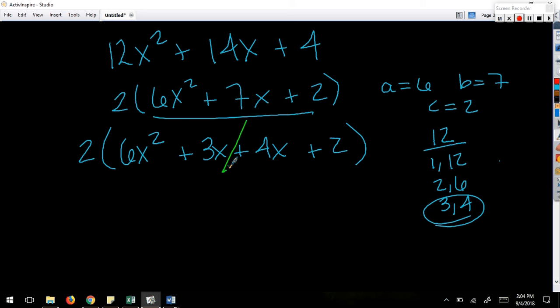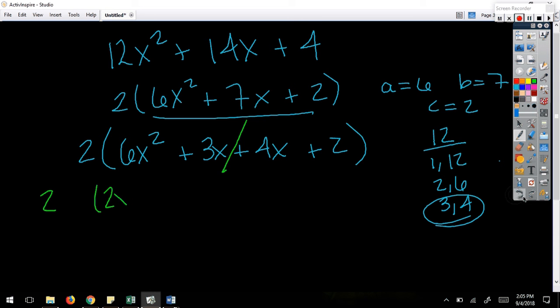Look at just the first 2 terms, just the 6x squared and the 3x. What is the GCF? 3 what? 3x. I'm going to take it out of the first 2. All right, the 2's still here. Don't worry about that right now. Oh, 3x. I'm sorry. No wonder y'all look at me like I'm crazy. 3x.